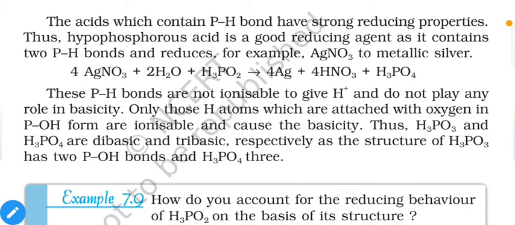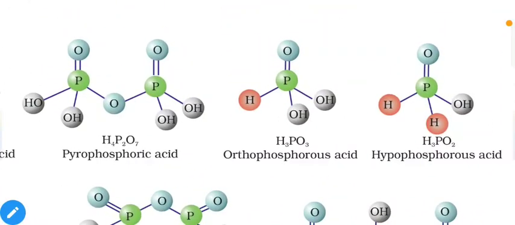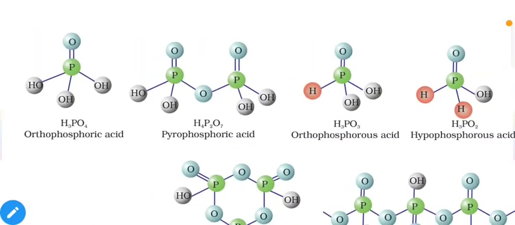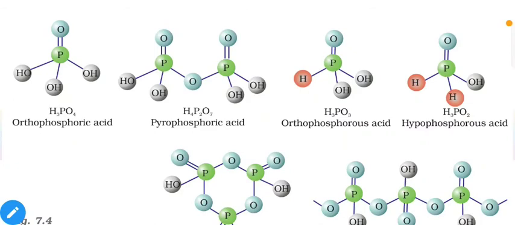Thus H3PO3 and H3PO4 are dibasic and tribasic respectively, as the structure of H3PO3 has 2 P-OH and H3PO4 has 3 P-OH bonds. So as we can see in these structures, we can simply find the basicity based on the number of OH groups.